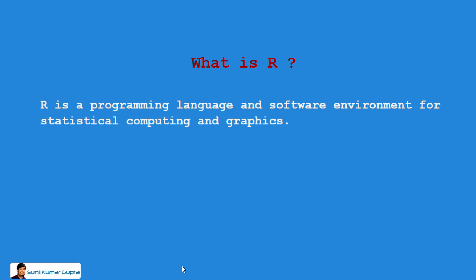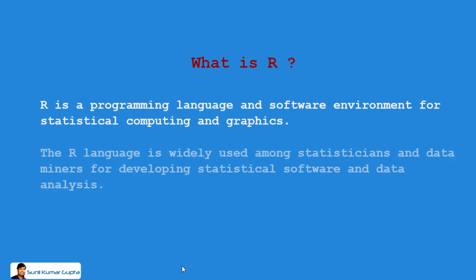When you download and install R, you will have R as a programming language and as an environment to execute R programs. And R is widely used among statisticians and data miners for developing statistical software and data analysis.